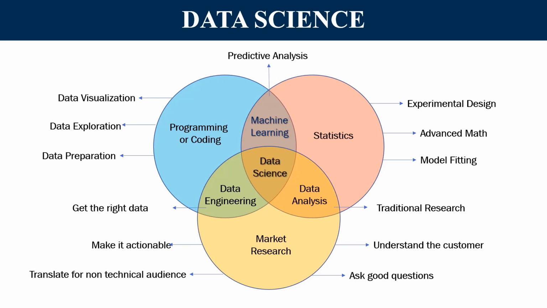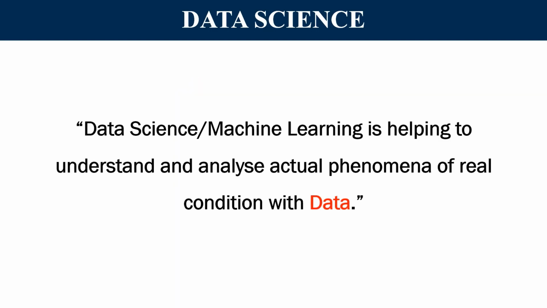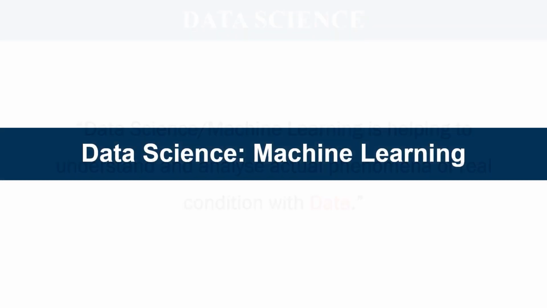So in a simpler way, we can say that data science is the field which involves data engineering, data analysis, and machine learning. We can also say that data science or machine learning is helping to understand and analyze actual phenomena of real conditions with data. Now, having understood that machine learning is pivotal in the field of data science, let us see more detail about machine learning.